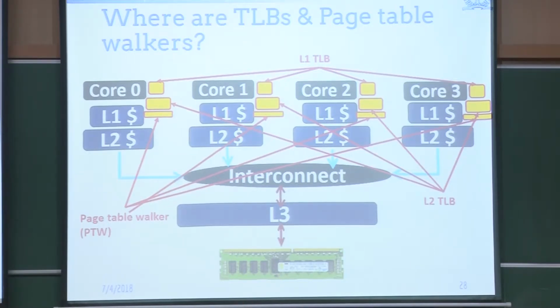Page table is no special data. It's just special in the sense that it is only accessible and updated by the operating system. But when the page table walker tries to access it, it might hit in the L1, L2 caches as well. Okay, clear? Yeah, go ahead.